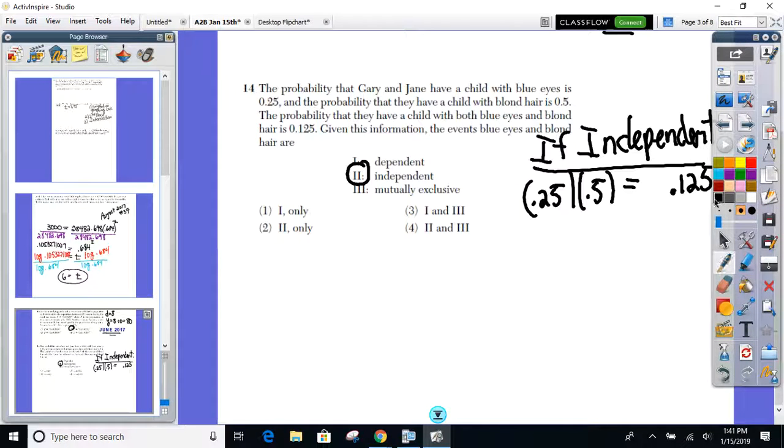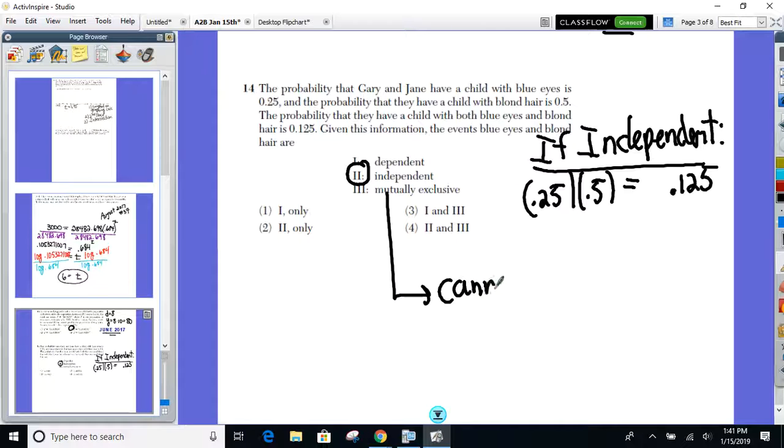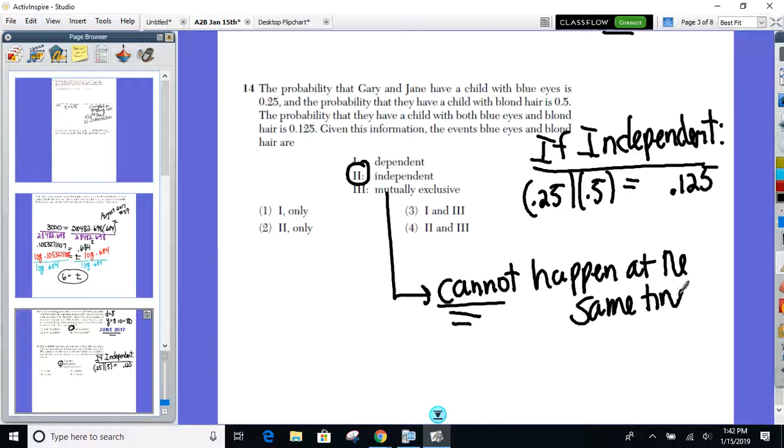Here's what mutually exclusive means. If two events are mutually exclusive, they cannot happen at the same time. Blue eyes, blonde hair.